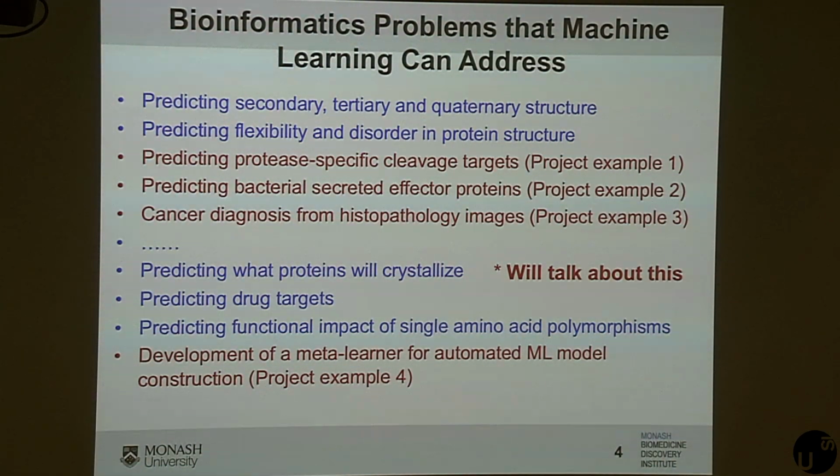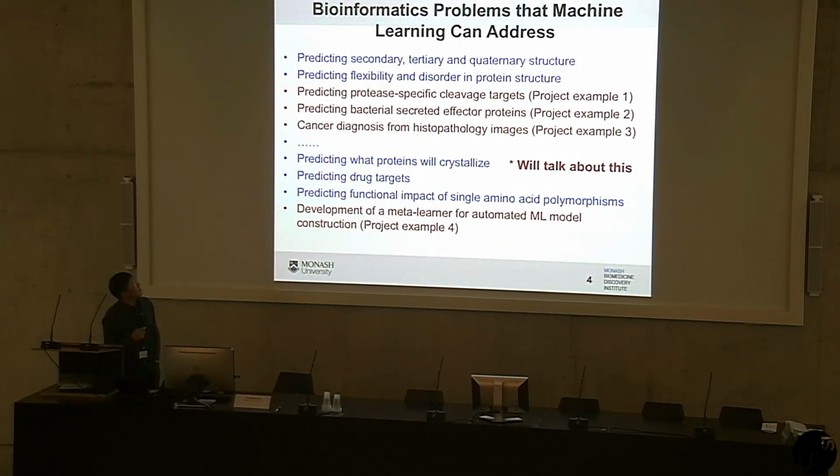This includes, for example, predicting the secondary, tertiary, and quaternary structure, predicting the flexibility and disorder in protein structure, and predicting enzyme-specific cleavage targets as well as specific cleavage sites. Also, predicting bacteria-secreted effector proteins, either from sequence data or from structure data, and cancer diagnosis, classification, or subtyping from image data. Image data here means the histopathological image data.